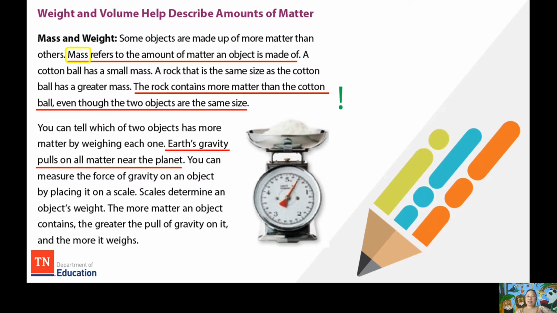So weight has something to do with how much gravity is pulling on that object. Which makes sense for the scale, because the scale goes down since gravity is helping to pull it down, but this is a device that can measure how much weight it has.